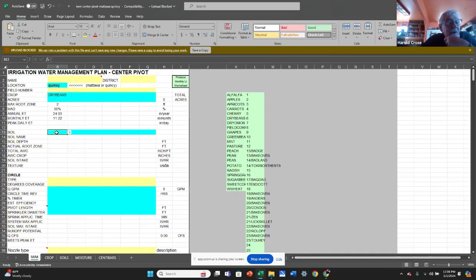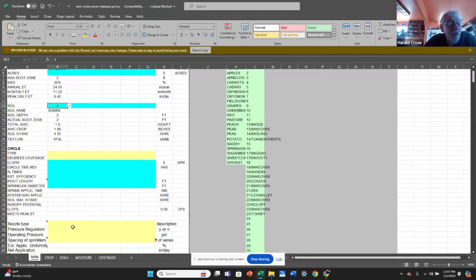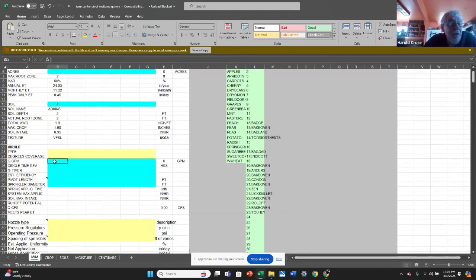And then you can come down here and pick your soil. And it puts all your soil data in there. Soil depth, available water holding capacity for that crop, root zone, texture of the soil, soil intake rates are in here, and it's perfect. Then you can come down here and start.